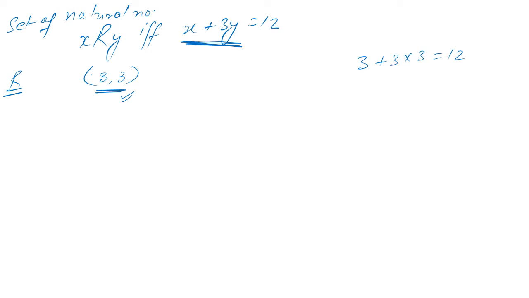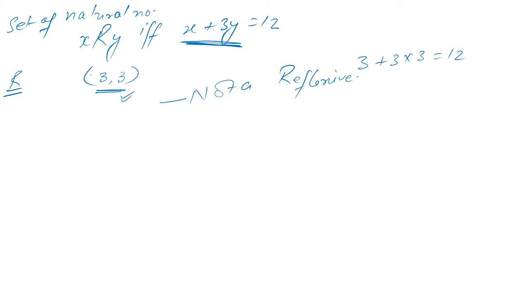Check 1 comma 1: 1 plus 3 into 1 is equal to 4; 2 plus 3 into 2 is equal to 8; 4 plus 3 into 4 is equal to 16, and so on. All of them do not satisfy the relation condition. So this is not a reflexive relation.